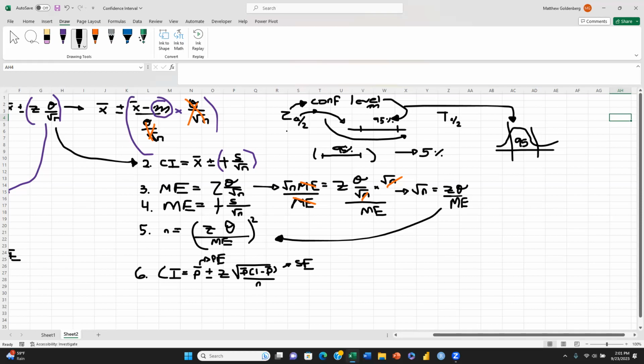And sort of what you do is the alpha is both sides. So it's like this blue part of the interval and this blue part of the interval, both sides added together. So like alpha 1, maybe it's the left side, plus alpha 2, maybe the right side, is equal to your alpha, your total alpha. And so that's why you have the divided by 2, because you take your total risk of missing the parameter and you slash it in half to get both sides of your interval tails.